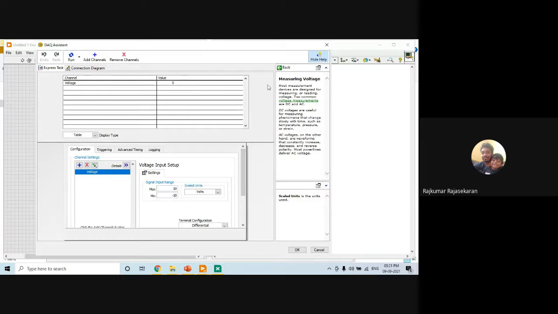So this particular hardware can measure only plus or minus 10 volts. If you want to go above that, you have two options. Either you use a signal conditioning circuit to down convert, or attenuate, the signal to an equivalent value, or you go for other hardware specifically used to measure high voltages.